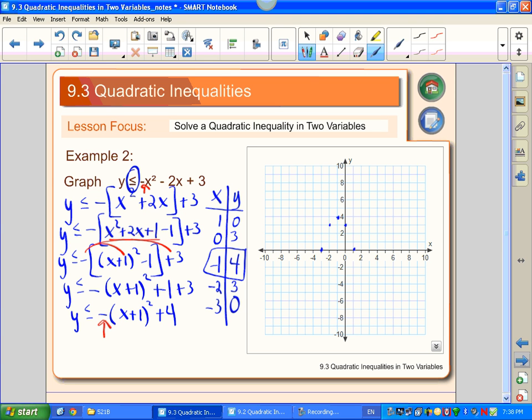Okay, and we just extend that graph like so. We're shading less than. So if I'm shading less than, I have to shade below this graph.